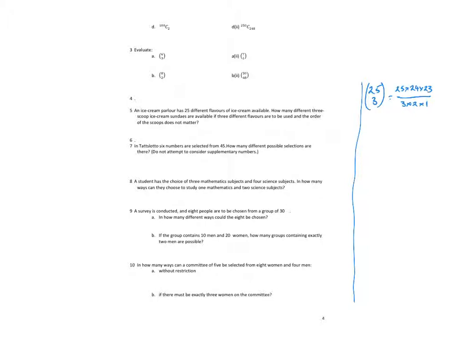Okay, so I count down from 3. So it works out to be the same thing. So the bottom line is 6. 24 divided by 6 is 4 times. So my answer there is 25 by 23 by 4, which you can work out. So that's how many 3-scoop ice creams that I could come up with.